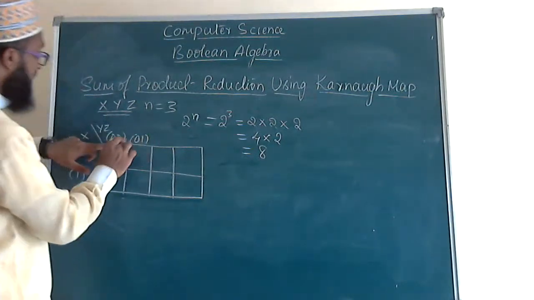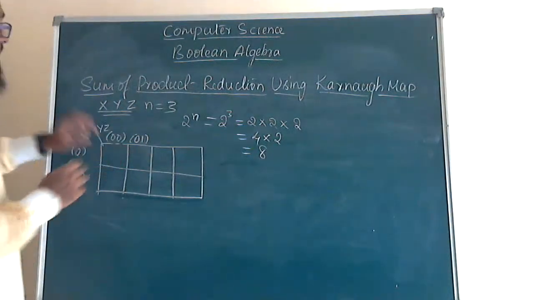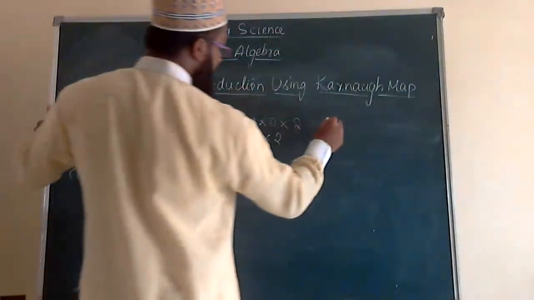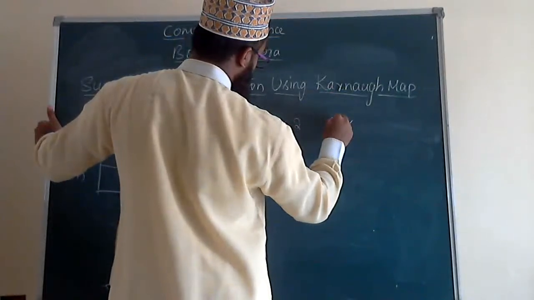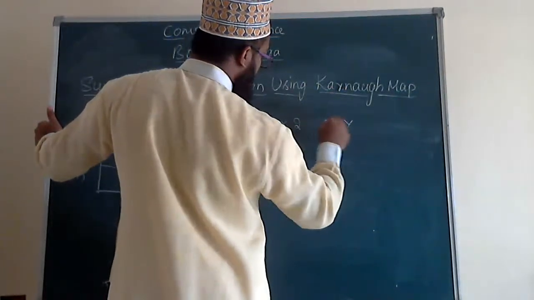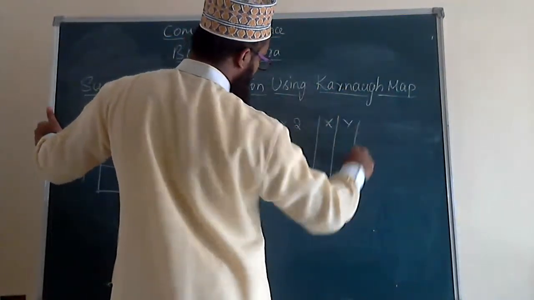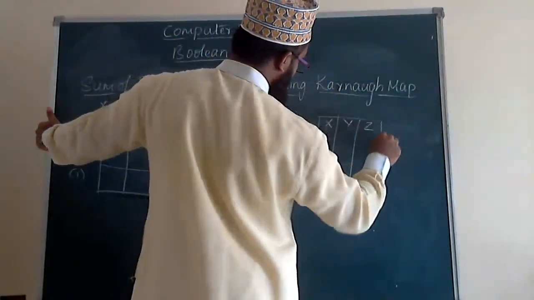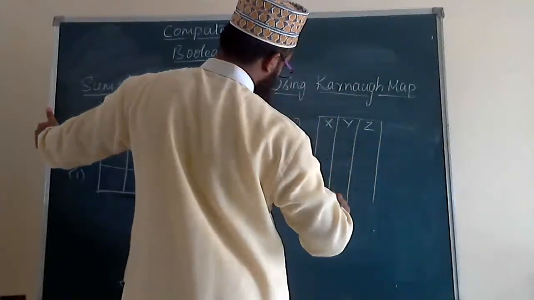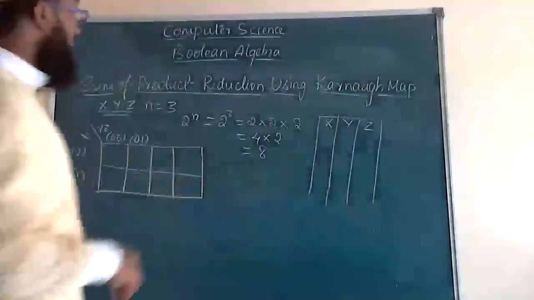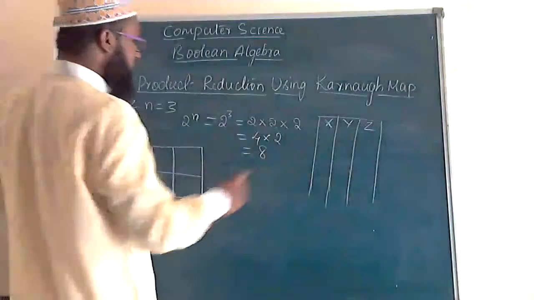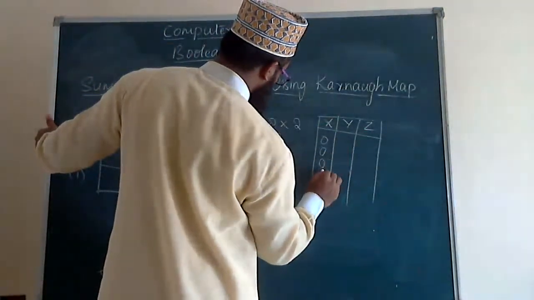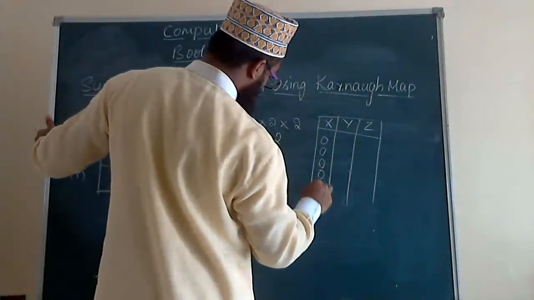After that, how will you take? I will show you with x and y, the truth table. I will write the truth table for two variables, and then for 3. How many values will we take for 3 variables? 8 values. 1 2 3 4.